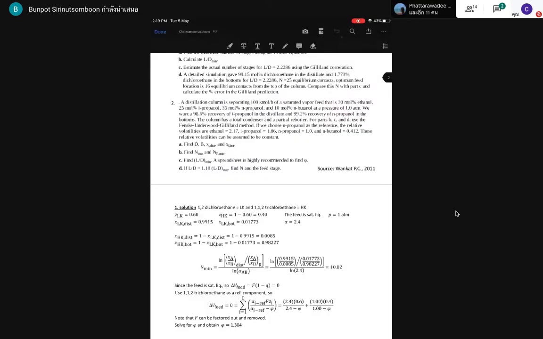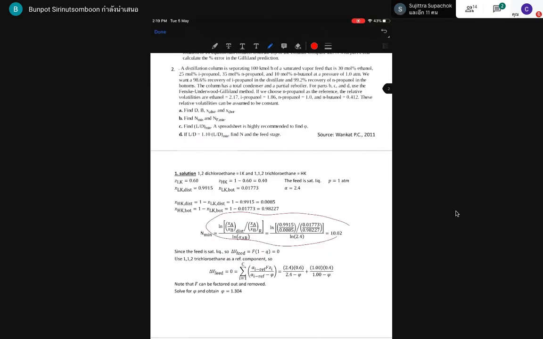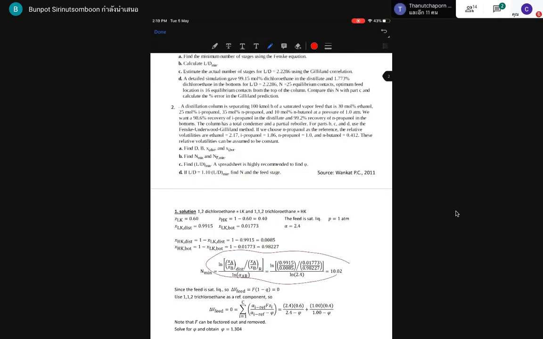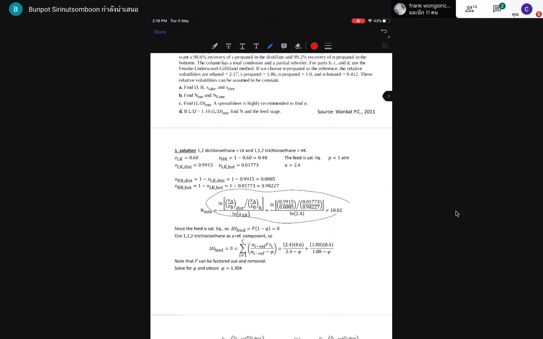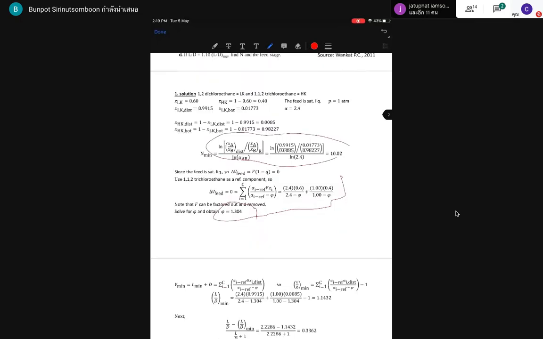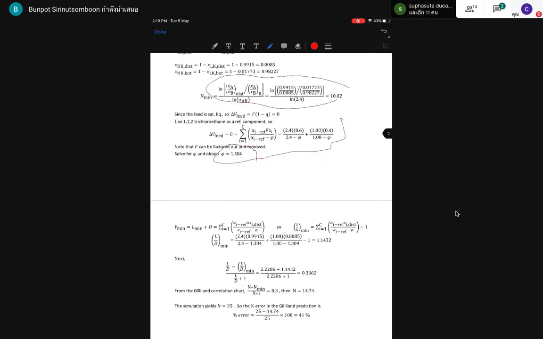Then the question asks for the minimum reflux ratio. To do that, we use the Underwood equations to solve for phi, and then use the second Underwood equation to solve for the minimum reflux ratio.